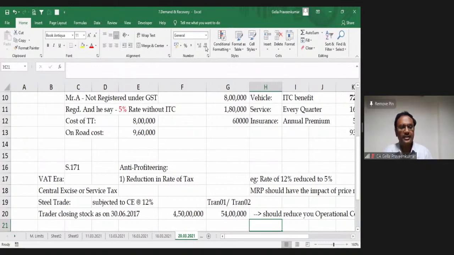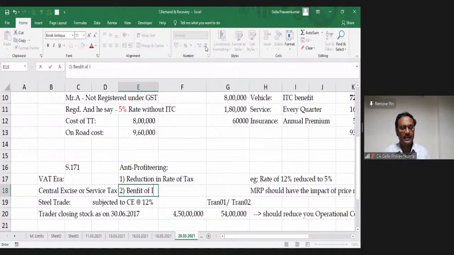So, first thing, reduction. This example is for the benefit of input tax credit.